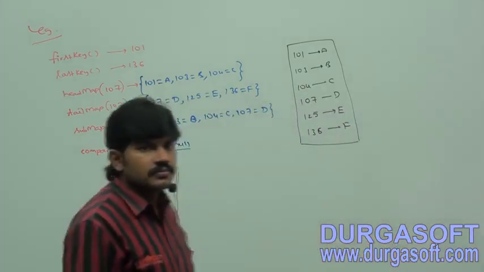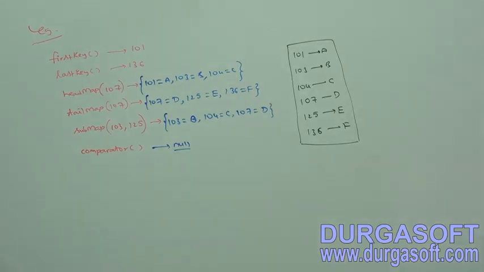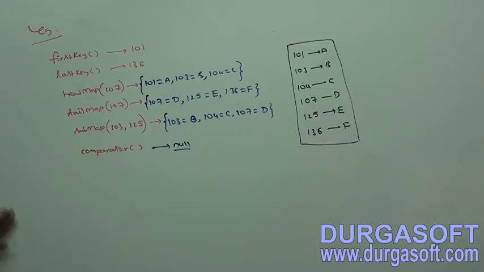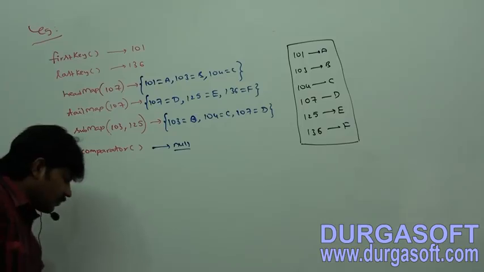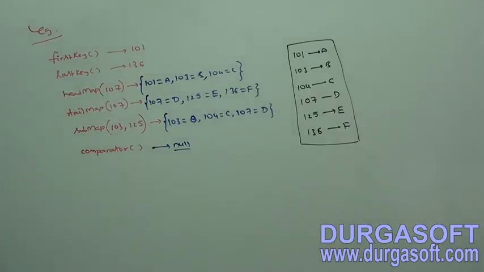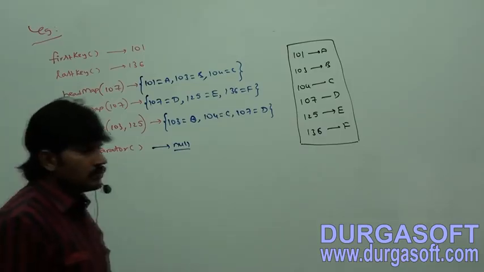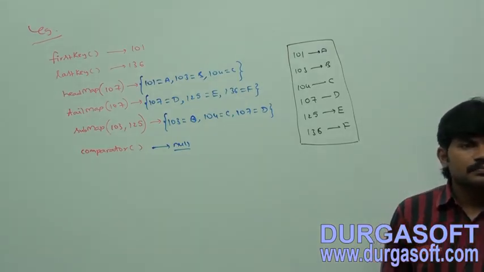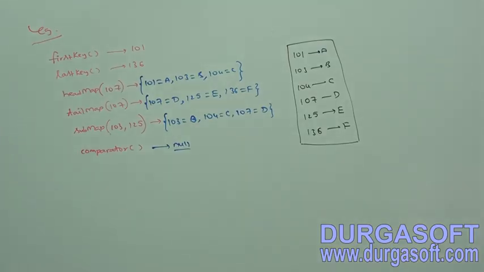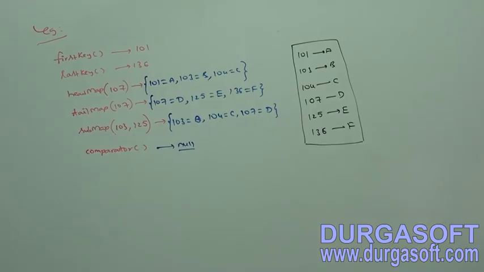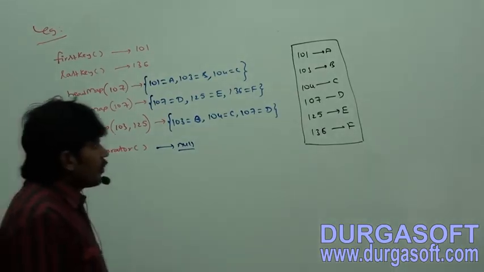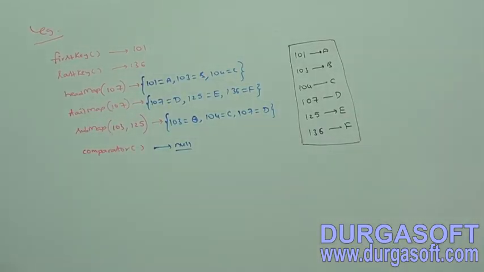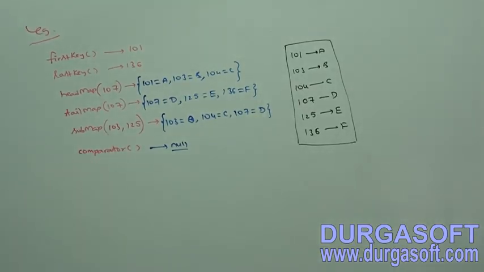Next comparator, null. So clear for you, right? 101 is nothing but A, 103 B, C, D, E, F. So that's all. This is about sorted map.